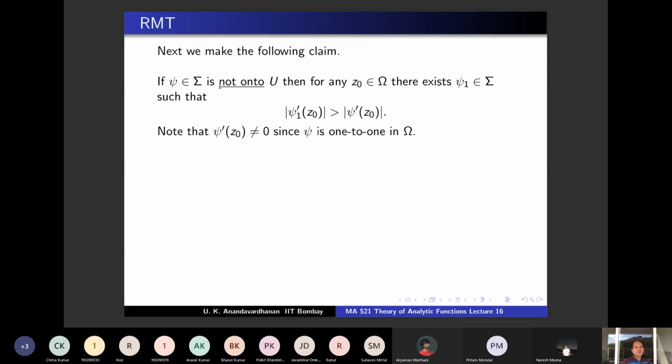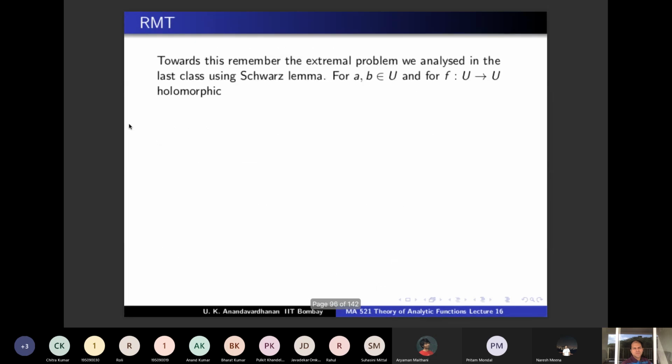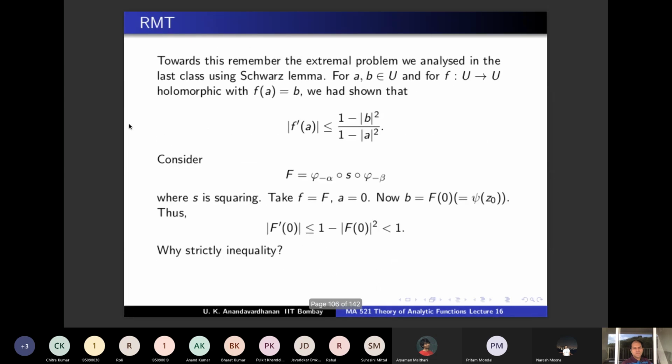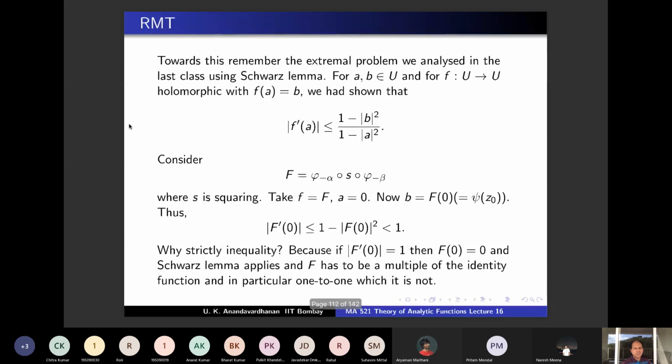So that's how you get a 1-1 onto function, and that will finish the proof. My request to all of you: the speed analogy, if you see it somewhere, please let me know the correct reference and I will put it here.